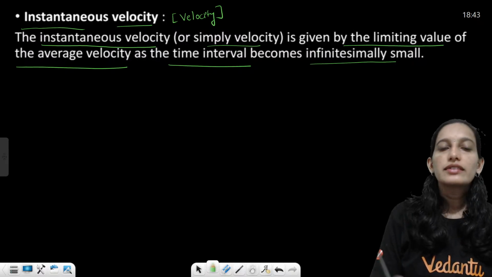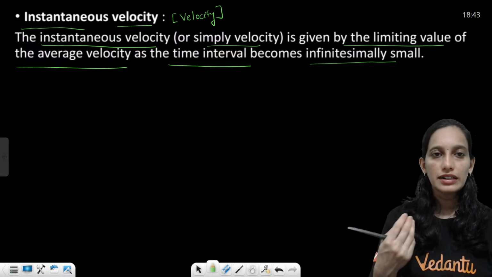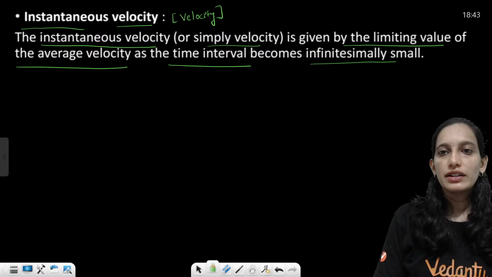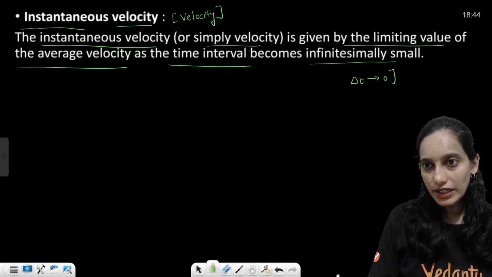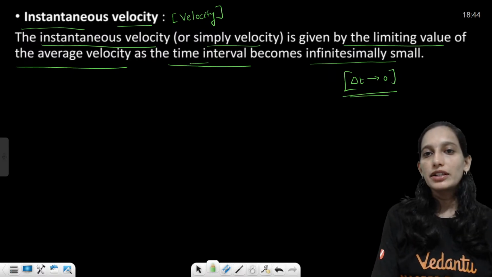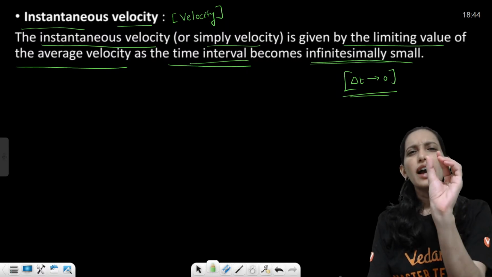So there is a calculus notation which you learn in your mathematics. Differentiation, you might have studied this. So limiting value means we are making the time interval small. Time interval becoming infinitesimally small, as small as possible.